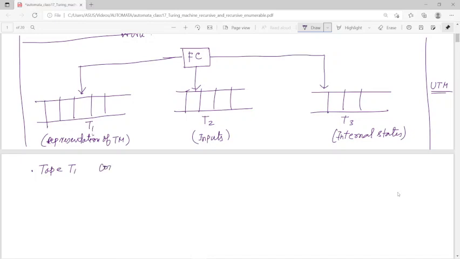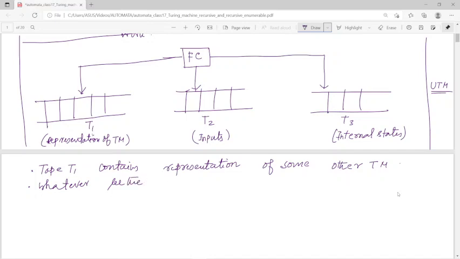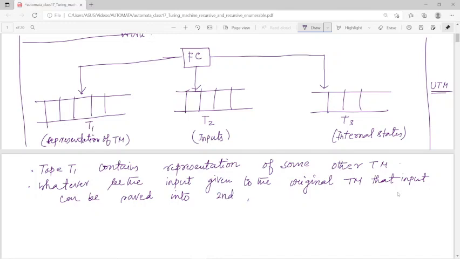Tape T1 contains the representation of some other Turing machine, and whatever input is given to the original Turing machine can be saved in the second tape of the universal Turing machine.